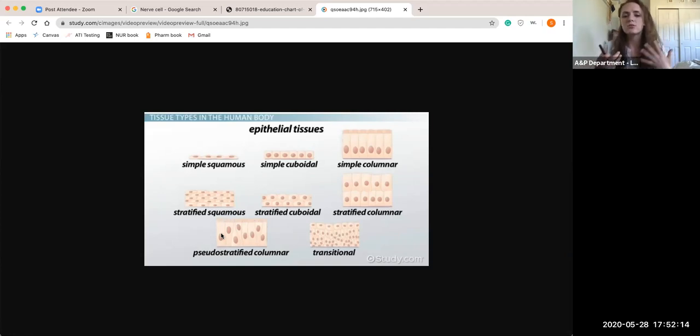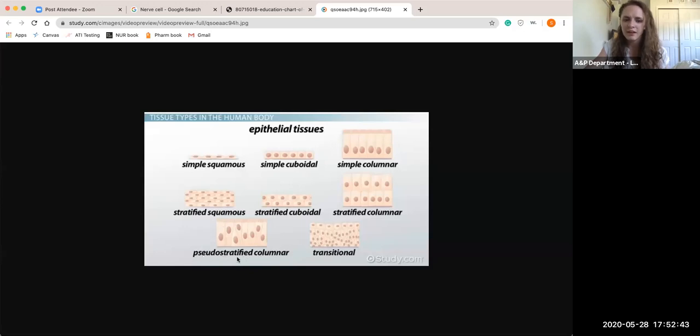We talked about how pseudo means false and stratified means many, so it looks like there are lots of layers of cells, but it's actually just one layer. They're just kind of funky. They're not perfectly lined up like our columnar. They're all in different shapes, but it's just one layer of columnar cells.